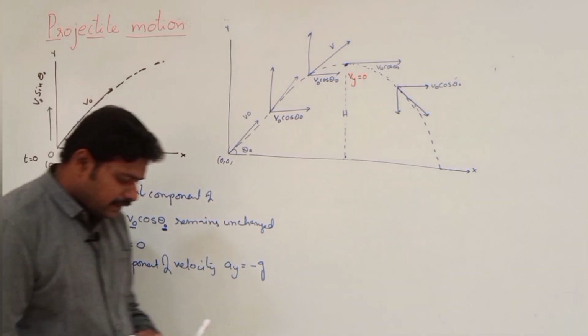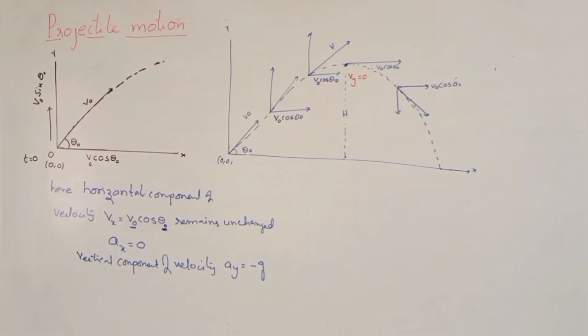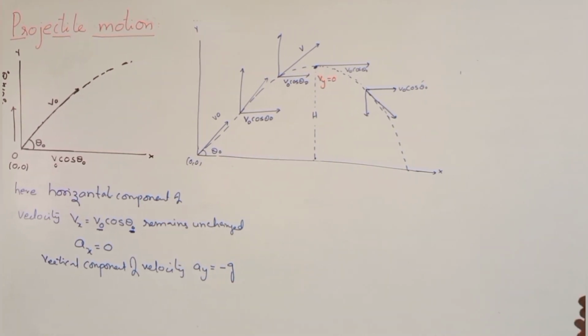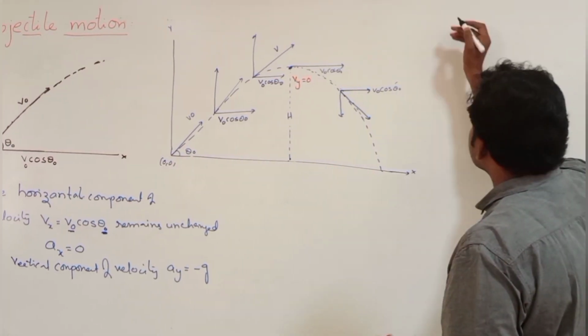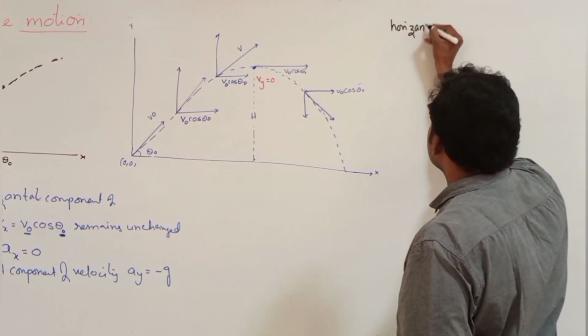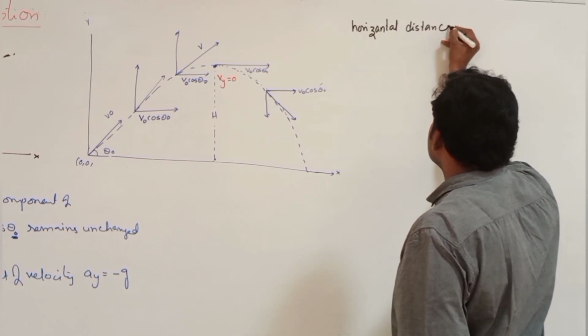Now how to calculate the horizontal distance and vertical distance, so that we will write a proper notation. What is meant by horizontal distance?